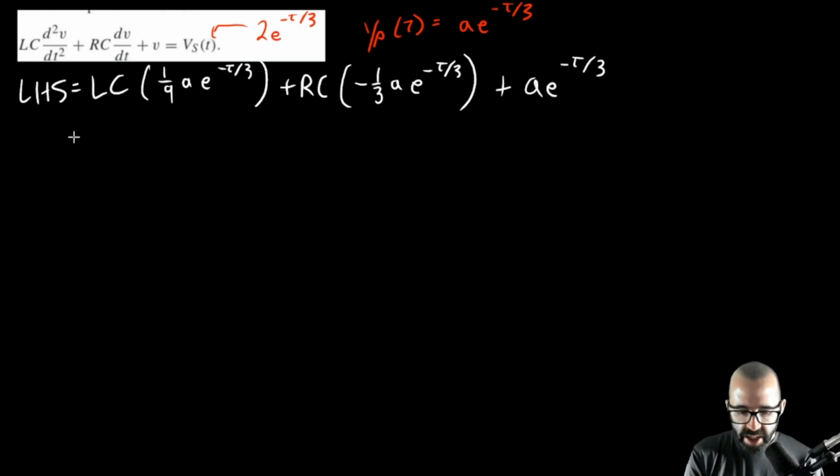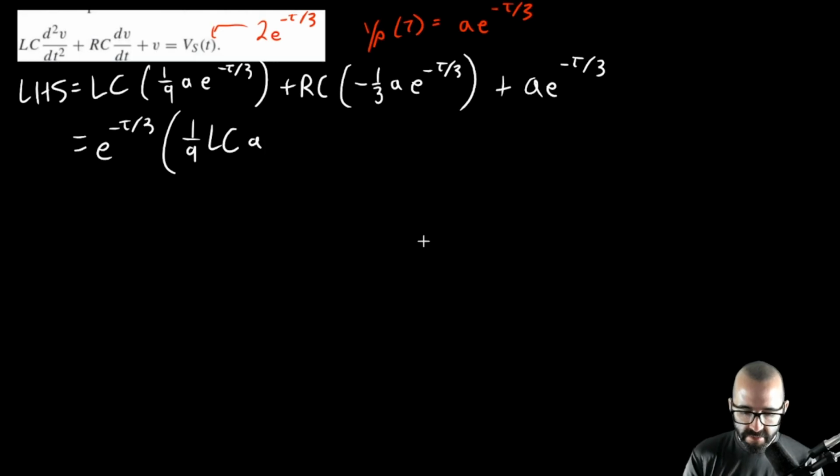And what you see is that we can actually factor some things out. We can factor out an e to the negative t over 3, and we're left with 1/9 LC times a minus 1/3 RC times a plus 1a.